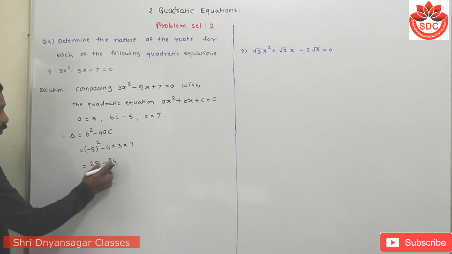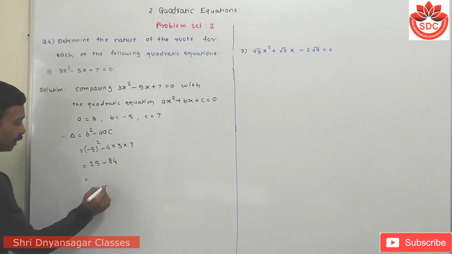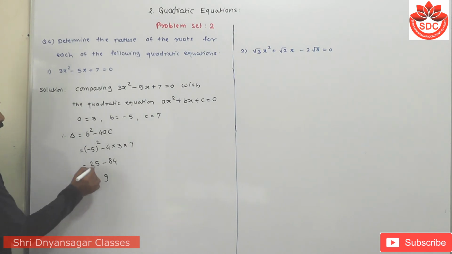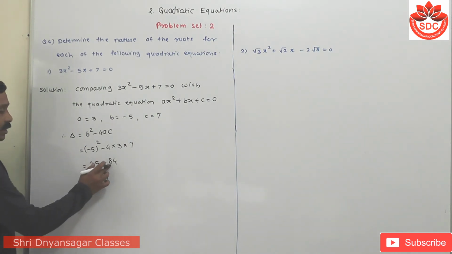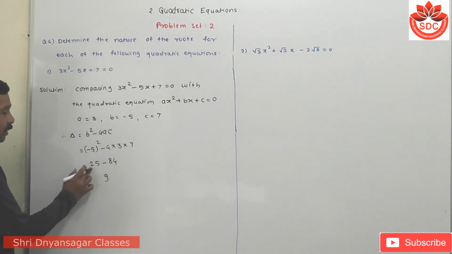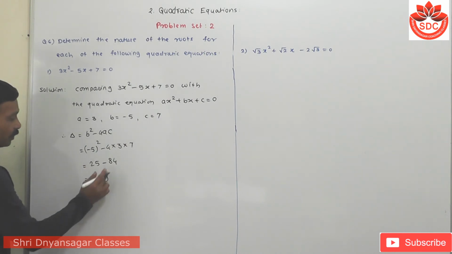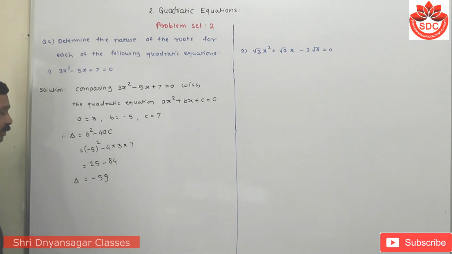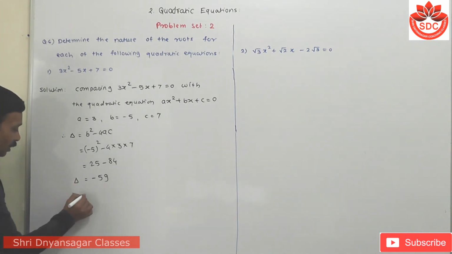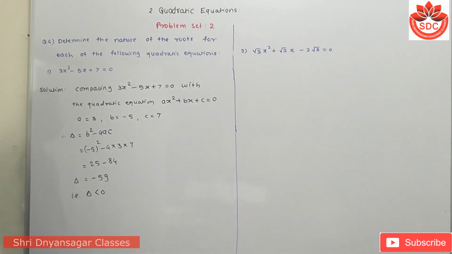14 minus 5 becomes 9. Then 7 minus 2 becomes 5. The sign is minus because this is the bigger number. So delta is equal to minus 59, which means delta is less than 0.